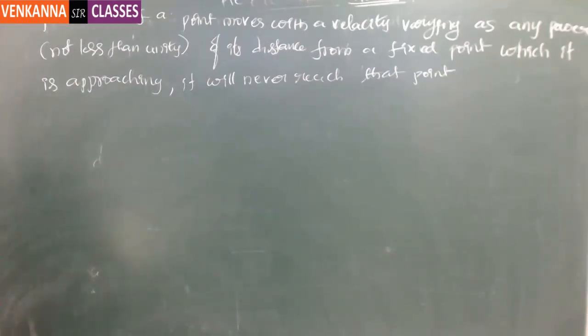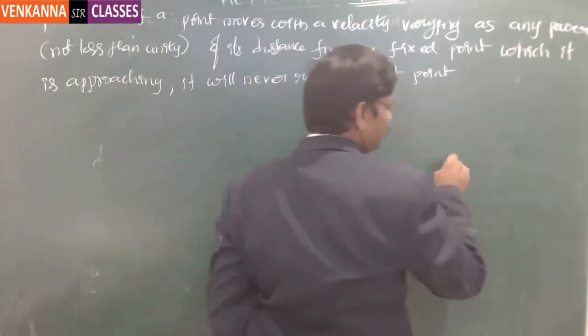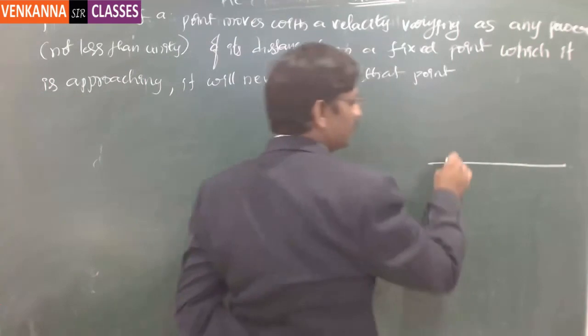Prove that if a point moves with a velocity varying as any power not less than unity of its distance, that means velocity is varying as the nth power of its distance from a fixed point which it is approaching, it will never reach that point. That means suppose this is a fixed point on this particular straight line.